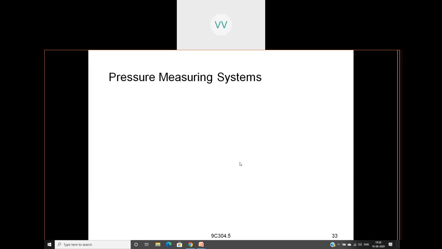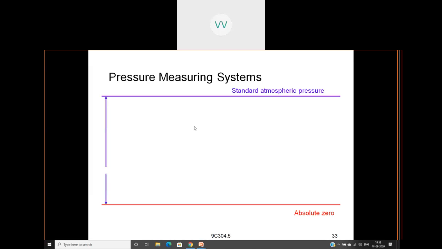Then coming to the pressure measuring systems, look at this sketch. This is going to give you in detail the pressure measuring systems. See here, this is the basic datum which is showing the absolute zero, and this is the atmospheric pressure. The difference between these two is 76 centimeters of Hg.